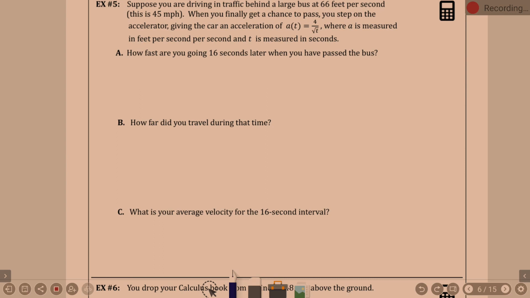When you finally get a chance to pass, you step on the accelerator, giving the car an acceleration of a of t equals 4 over the square root of t, where a is measured in feet per second squared and t is measured in seconds. A, how fast are you going 16 seconds later when you have passed the bus?